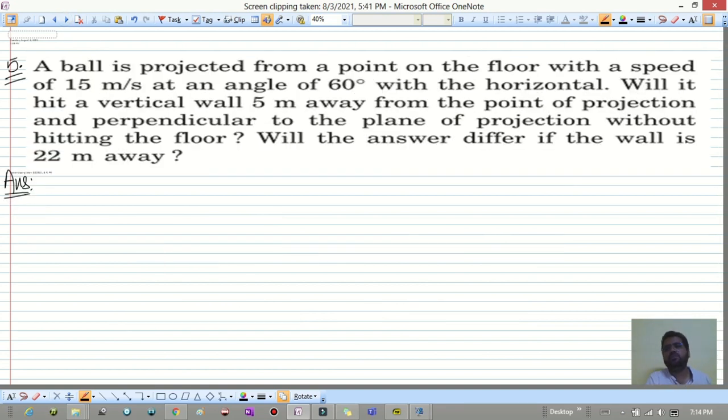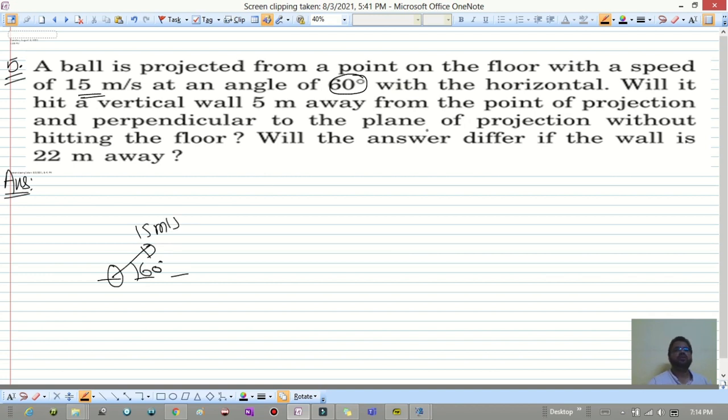Now the next problem, this is the fifth problem which we have. A ball is projected from a point on the floor with a speed of 15 meter per second at an angle 60 degree with the horizontal. So this is the case given, at an angle 60 degree with a speed 15 meter per second.